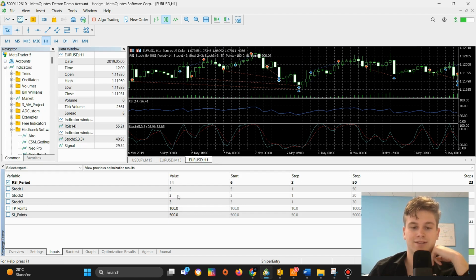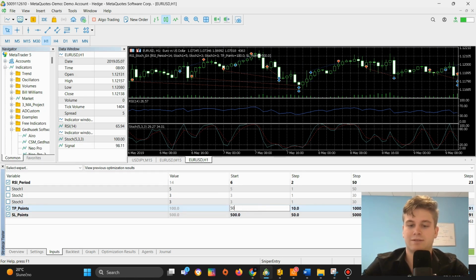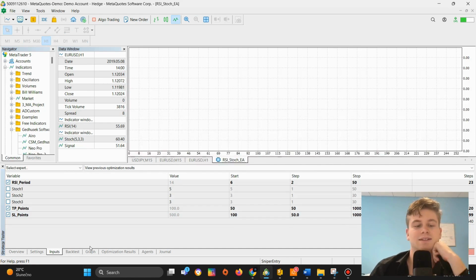So I will leave this with initial values, and let's optimize the take profit and stop loss. Let's start at 50, increase by 50, and go to 1000. And here I will start at 100, increase by 50 points, and go to 1000 as well. So this might be interesting.